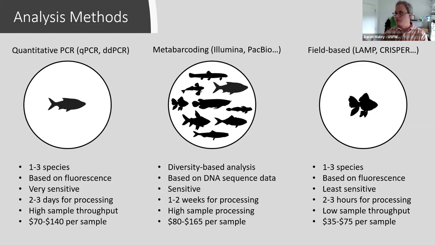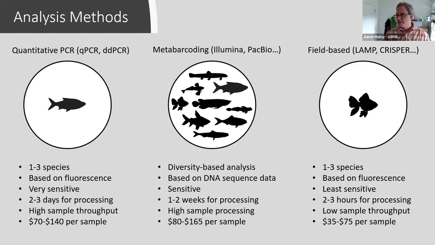It could be something like bacteria, right? Just a broad taxonomic group that we might be looking for. Quantitative PCR is based on fluorescence detection of the DNA in the samples, where metabarcoding is actually sequence-based. So we're getting the underlying data from the sequence of the DNA that was left behind in the environment.